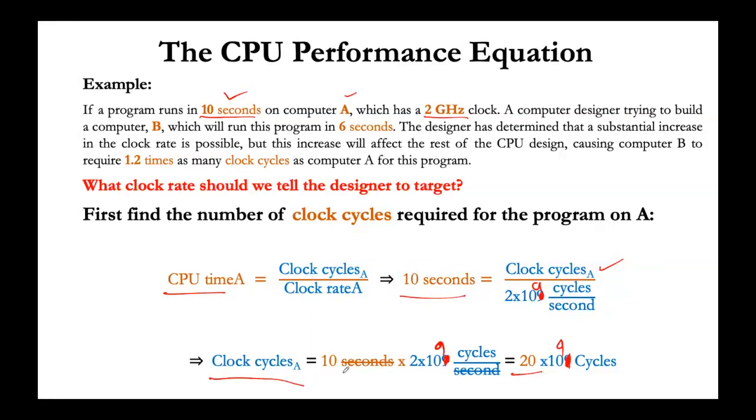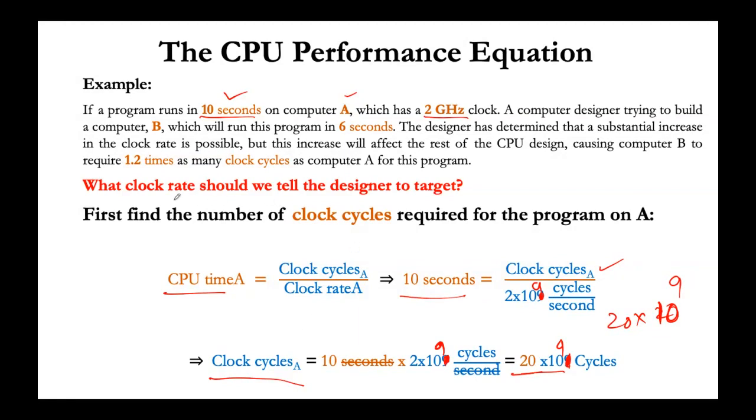So for computer A, 20 into 10 to the power of 9 cycles are required.